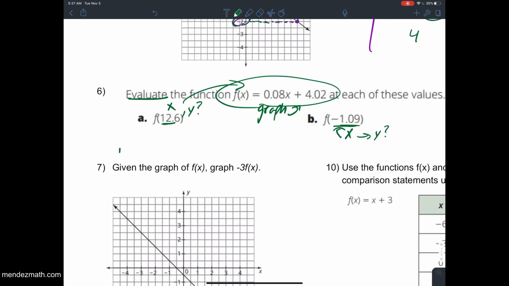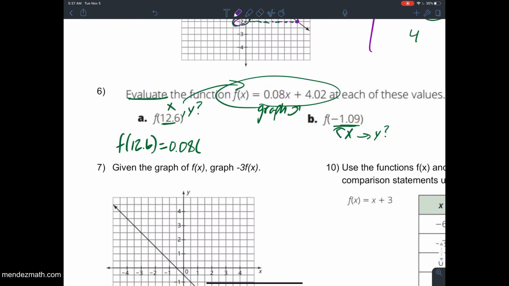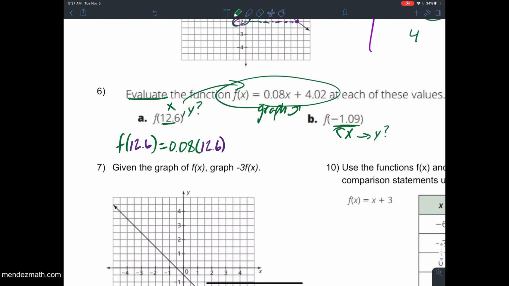All right, easy. F of 12.6 equals 0.08 times 12.6, plus 4.02.